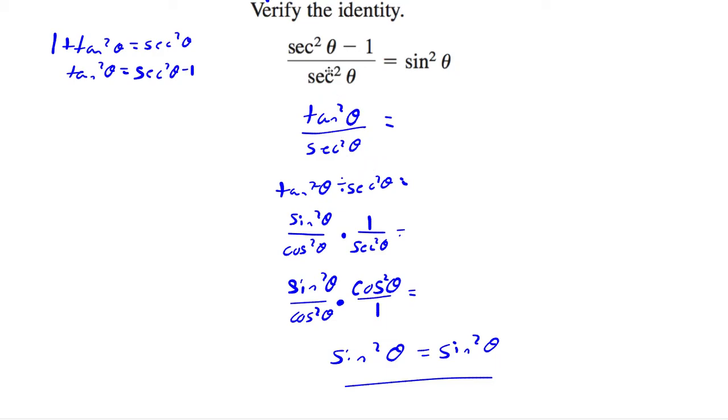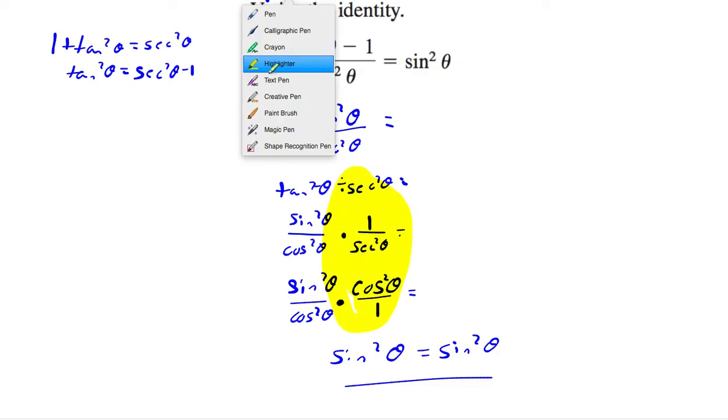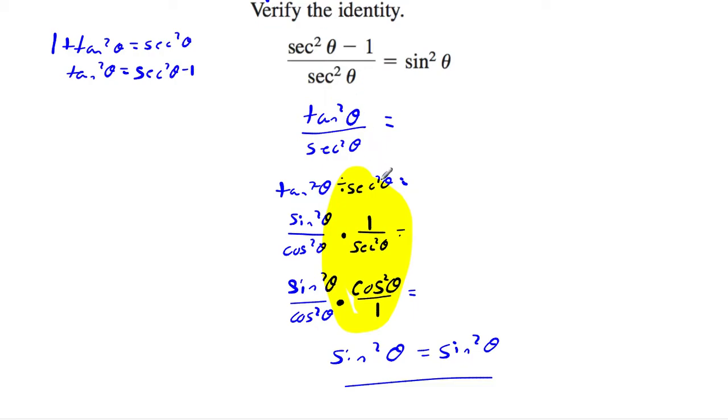So one process where a lot of people will get confused is right in here. Where people will make the mistake is when they say, oh, divide by secant squared, and they think, well, that's cosine squared. And then they mix the step of the reciprocal and the cosine, and they do times 1 over the cosine.